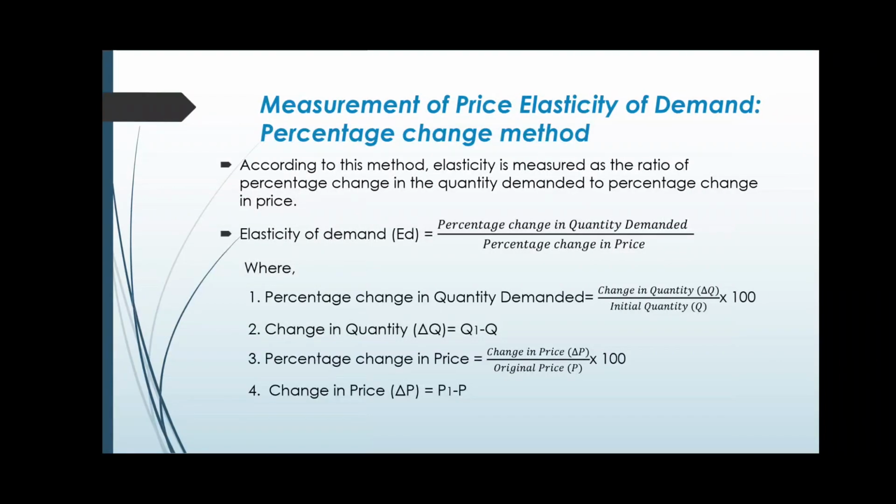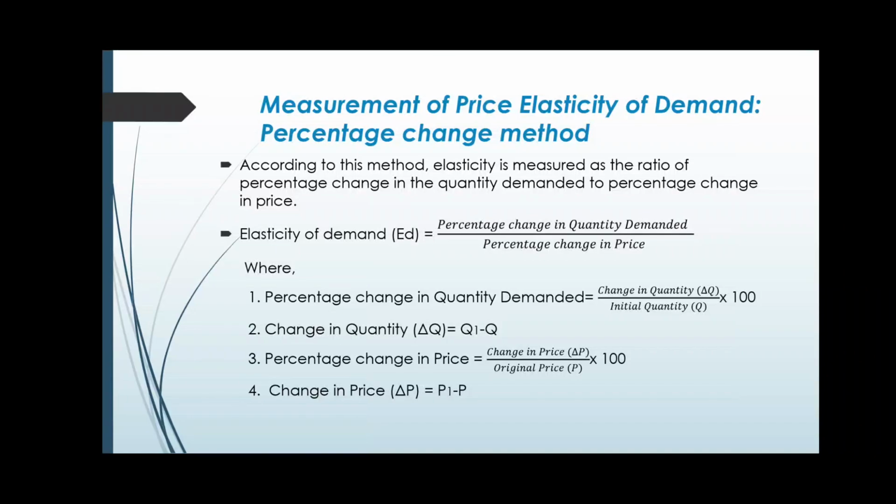Now this is the method through which you are expected to calculate price elasticity of demand. The name of the method is percentage change method. According to this method, elasticity is measured as the ratio of percentage change in quantity demanded to percentage change in price.